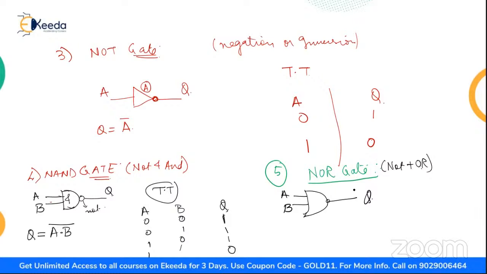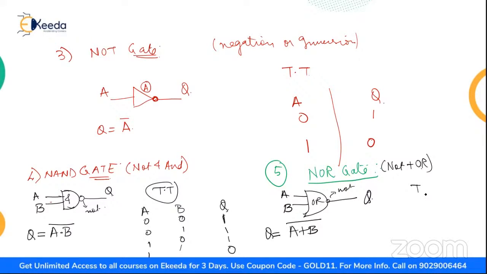Let us see the NOR gate. NOR means this is OR, this is NOT. So OR operation is A plus B. NOT of the OR operation is the over bar. Q equal to A plus B, over bar.